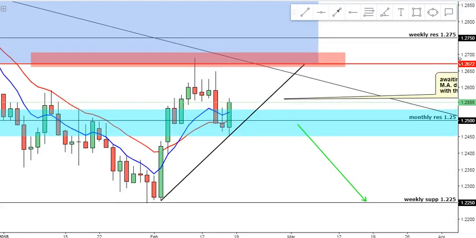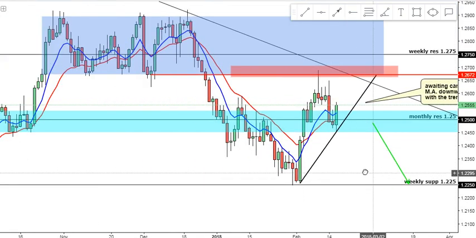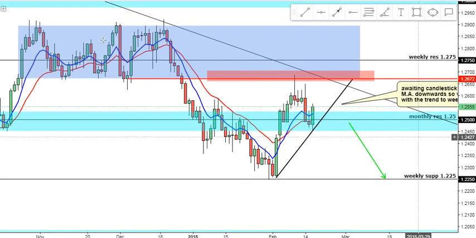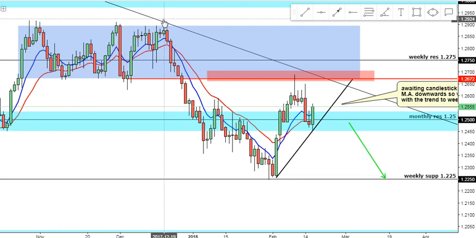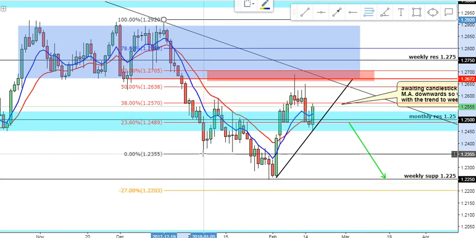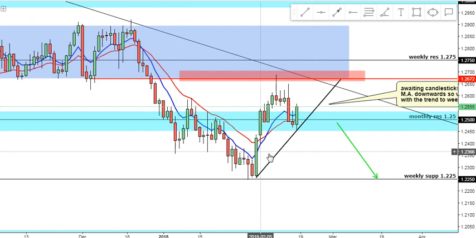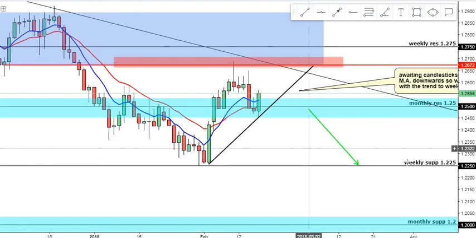Sorry, let's go back to the daily. Let's see if we have any Fibonacci move in play. We're just playing around with the Fibonacci. A, B, C, didn't quite hit the D. Also this is the daily, quite a big time frame to use the Fibonacci.